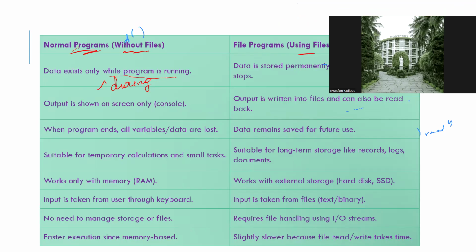Once the program execution is done, all the data will be erased from the memory. In random access memory we have some data. For example, if you declare a variable in the program, that variable will be removed once the program execution is done. But in this case, it is not like that. The data is stored permanently even after the program stops.